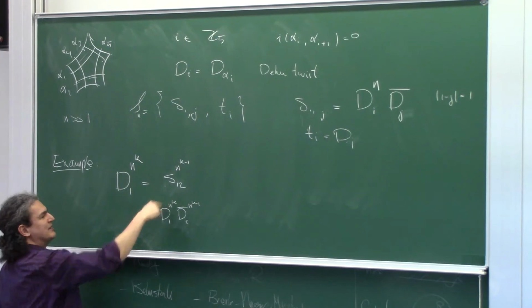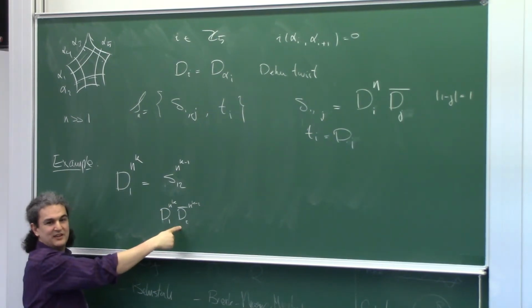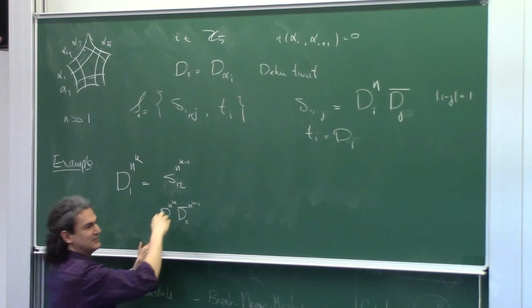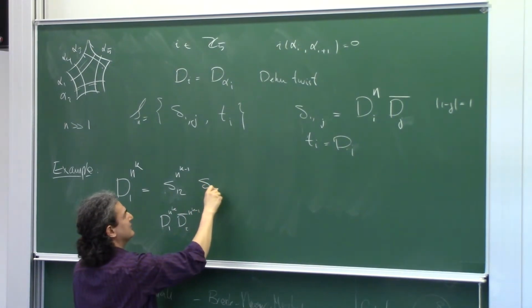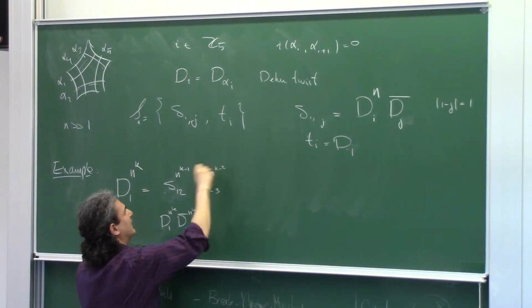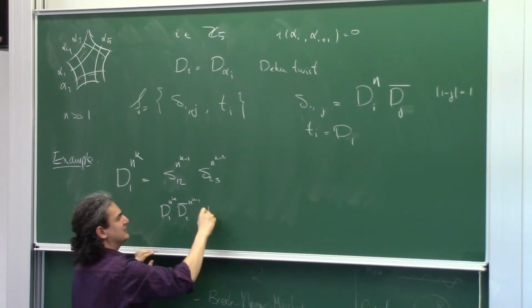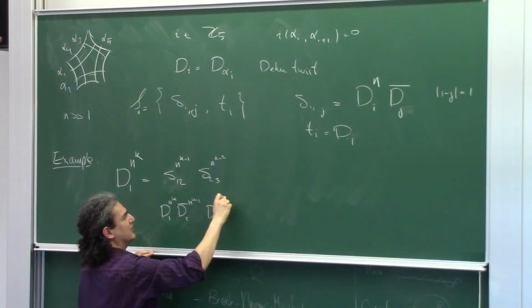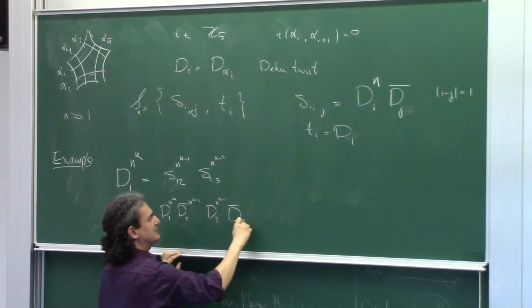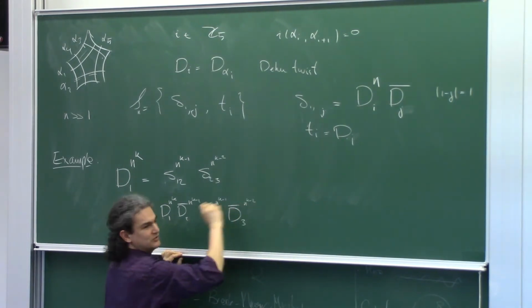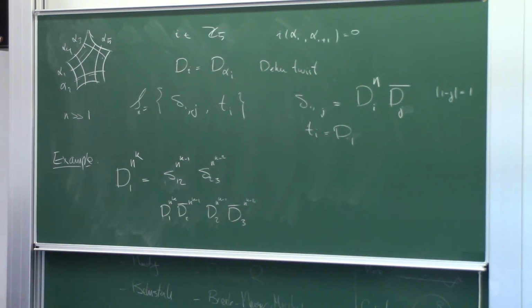So first I get rid of the biggest one, but I add a tiny bit of extra guys. Then I do the second one, n to the k minus 2. That does d2 to the power of n to the k minus 1, but subtracts d3 to the power of n to the k minus 2. Every time I get rid of the big twist, I'm very happy because the word length goes way down, but I have a little bit of extra junk I have to deal with.